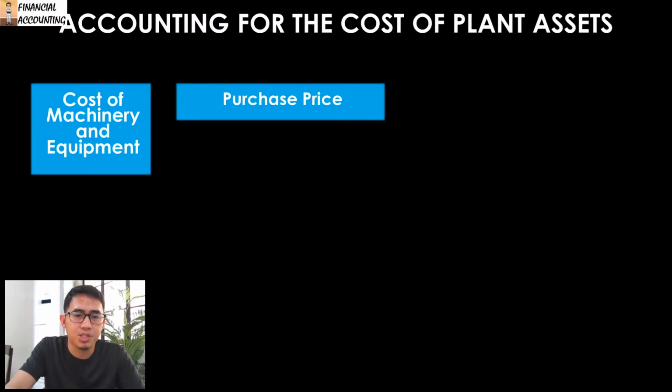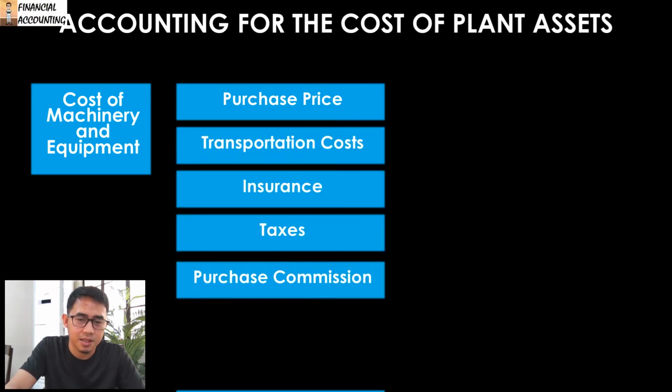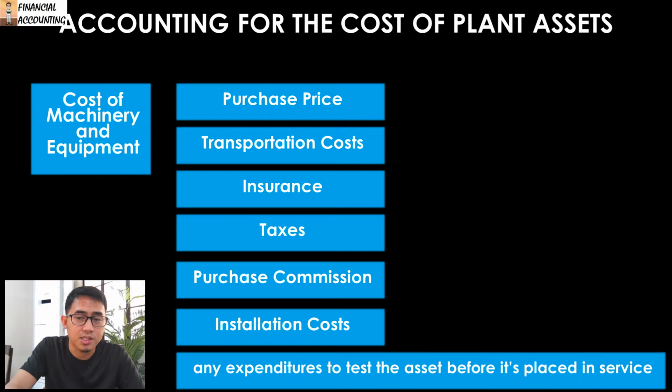Okay, so machinery and equipment on the other hand, these are the items that should be included in the cost. We have here purchase price, transportation cost, insurance, taxes, purchase commission, installation cost, and any expenditures to test the asset before it's placed in service.